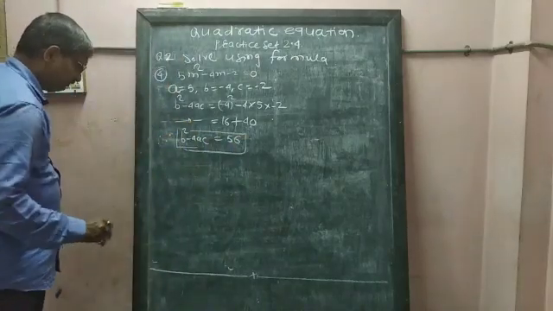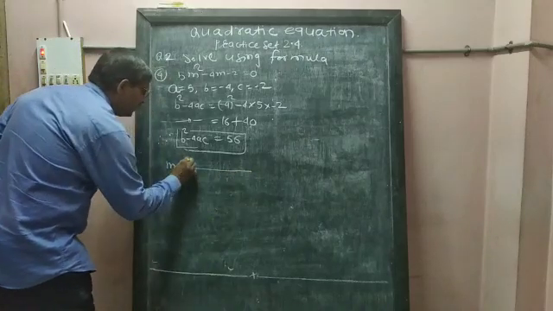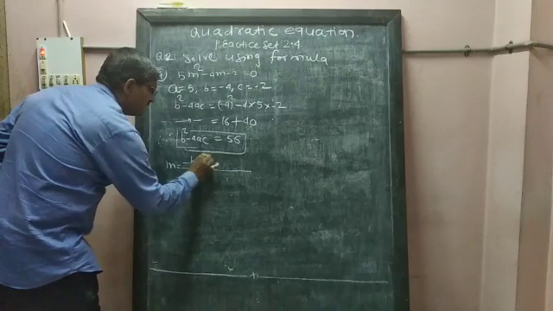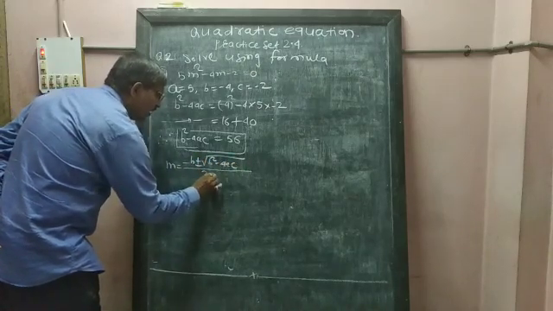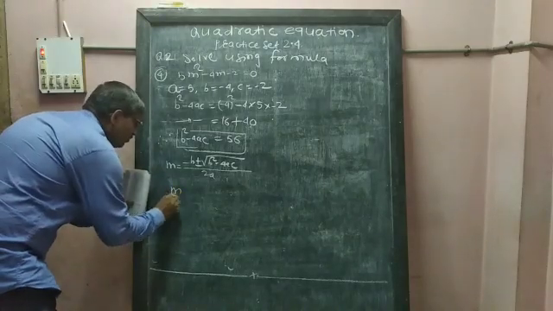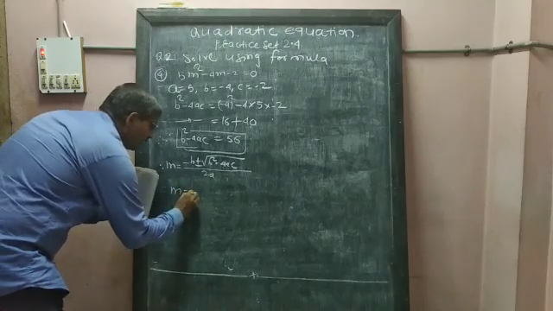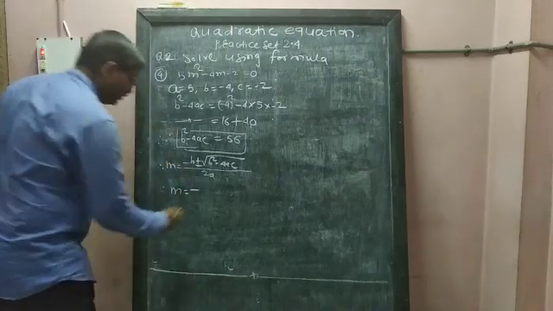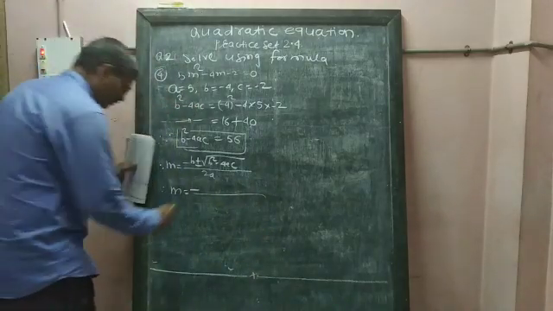Now the formula: m is equal to minus b plus minus under root b square minus 4ac upon 2a. Okay, put in the values. M is equal to minus, b means what? Minus 4.